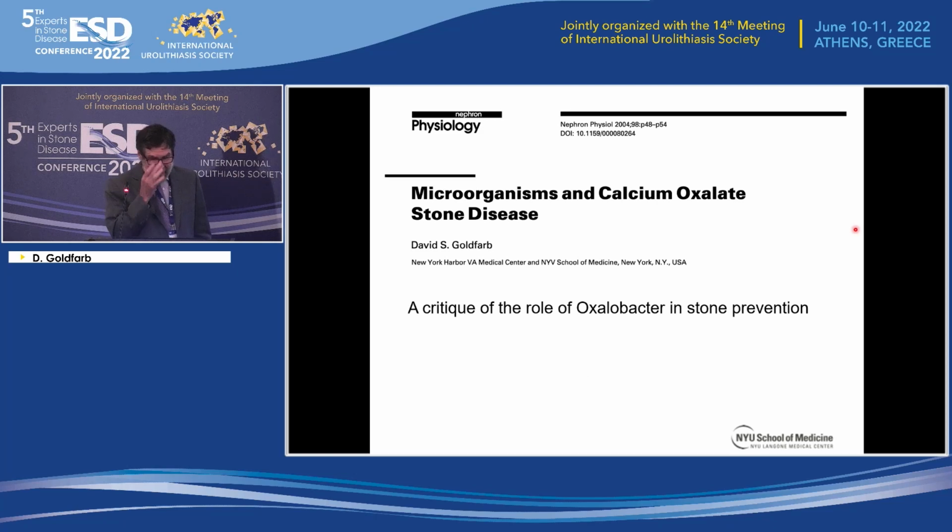And back in 2004, it's amazing how far back this goes, I wrote this critique of the role of Oxalobacter in stone prevention, pointing out that patients with cystic fibrosis had other reasons to have kidney stones, and that perhaps Oxalobacter wasn't so important.